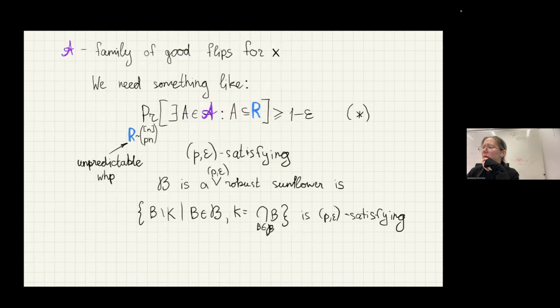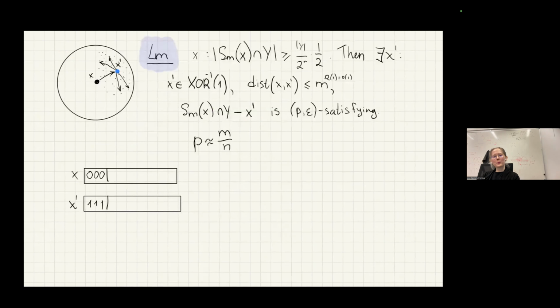The way we've done this, we just wrote down this condition, and then we found out that what we need is actually a robust sunflower. Even the first draft of the text wasn't in these terms. So I don't know. Robust sunflower is just something that popped up by itself. But it's an interesting question, yeah. Thank you.